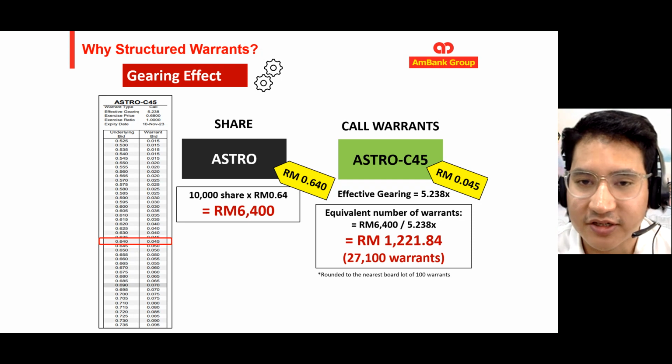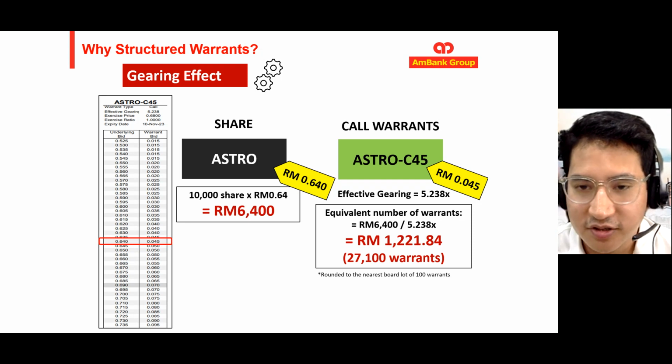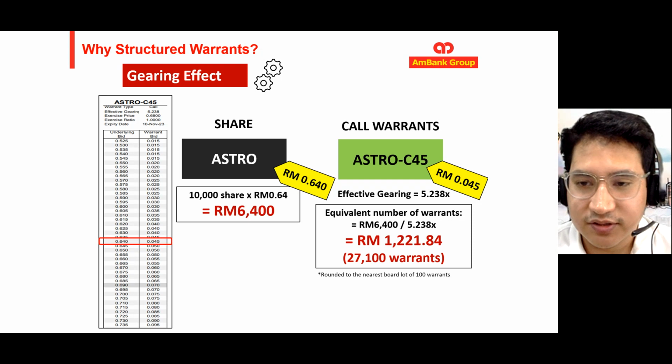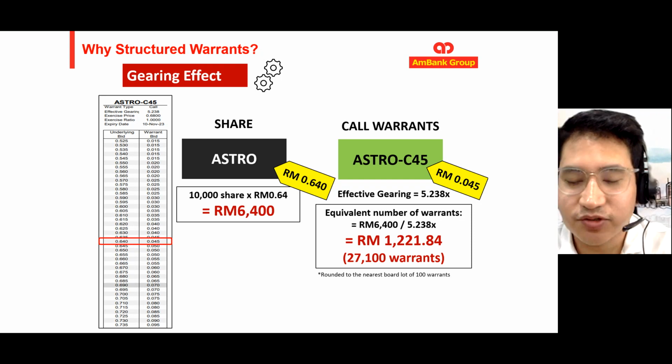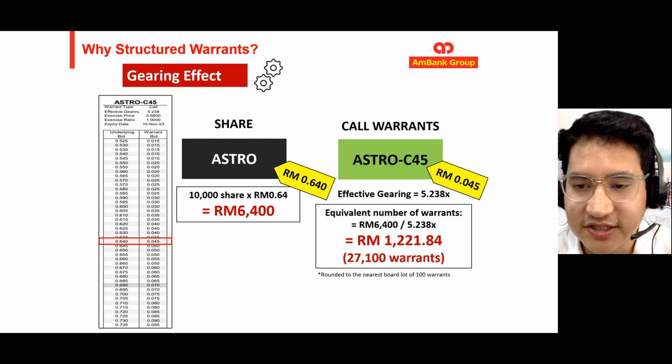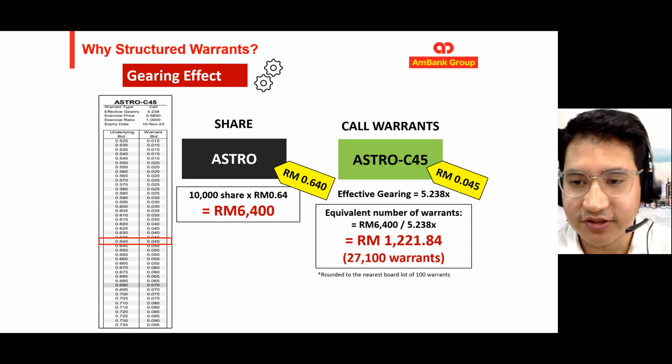You will be able to see this in our price matrix. So you divide the cost by the effective gearing, which will get you this number. So approximately 1,200. So this is what you need to cough up to buy 27,100 warrants. Obviously rounded to the nearest lot of 100 warrants lah.